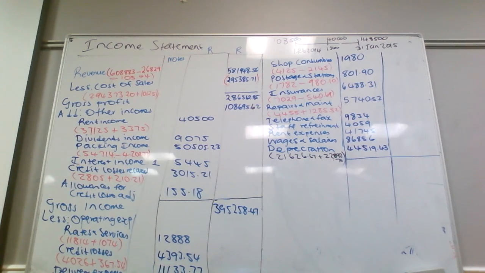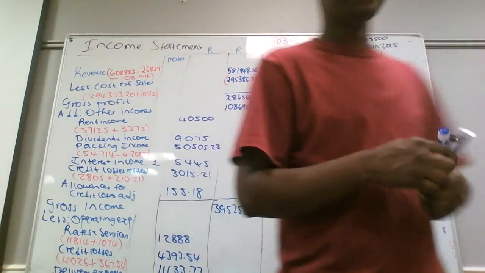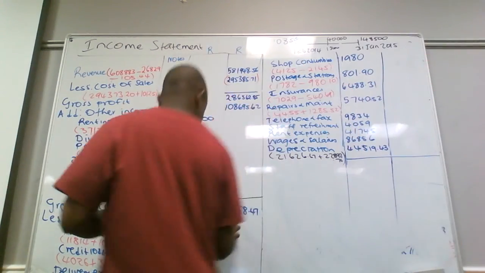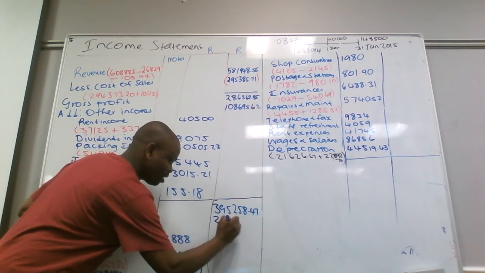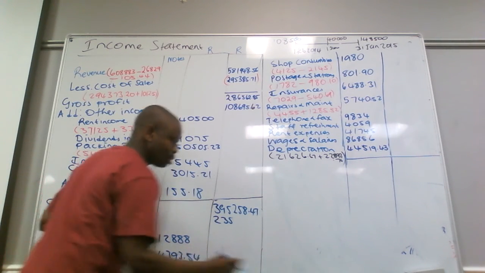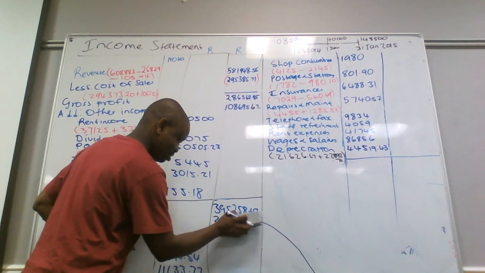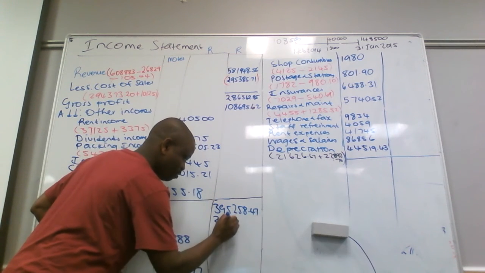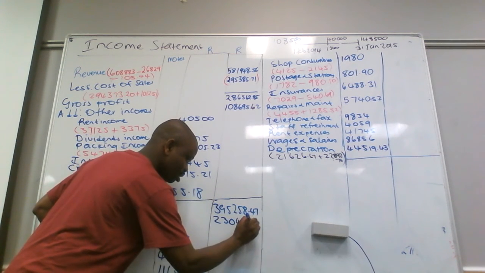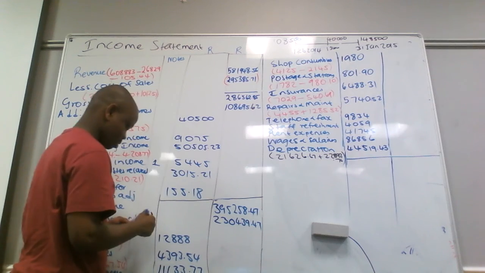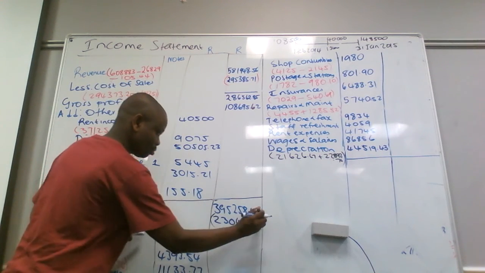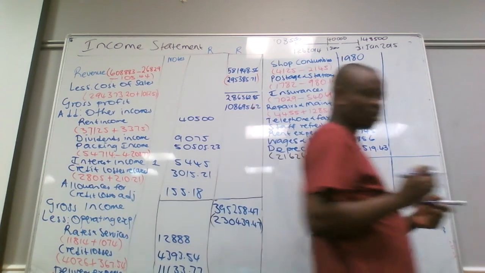It's the same. There you go. Okay, come again. 235? 235. 230, 439.47. Put in brackets so that I cannot forget.